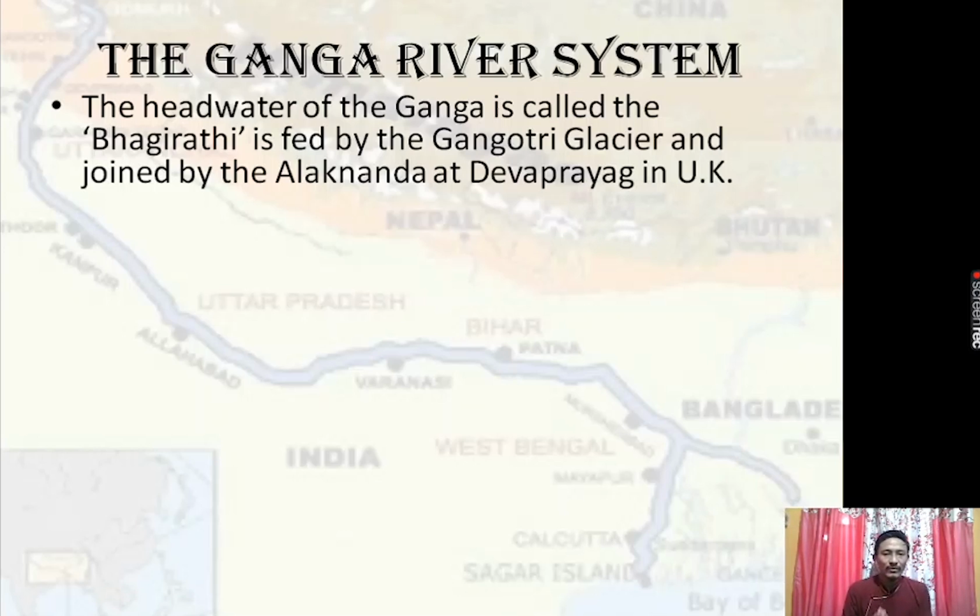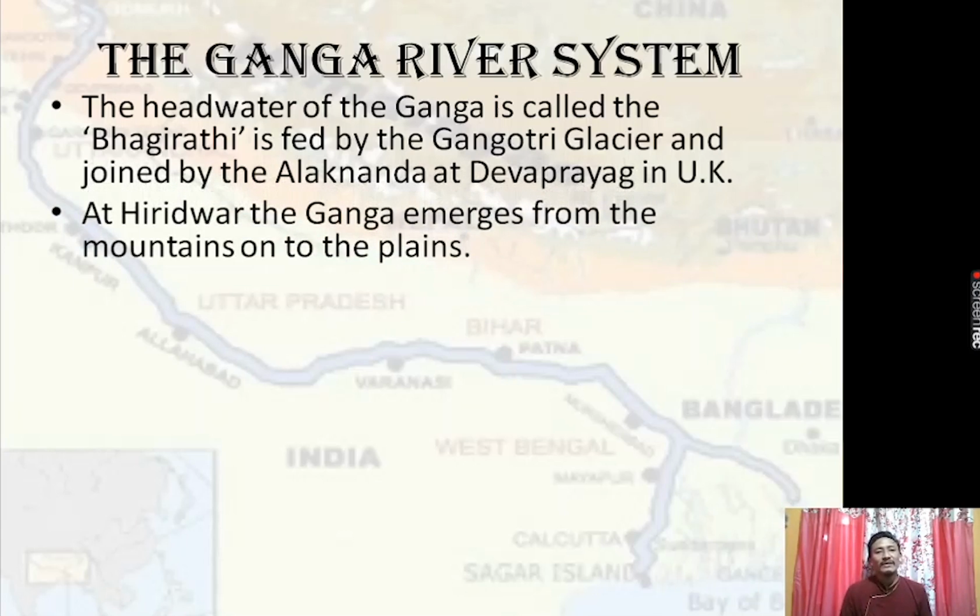Near the origin it is known as Bhagirathi, and it's fed by the Gangotri glaciers, right? That means the origination of the river, and it is joined by the Alaknanda at Devprayag in Uttarakhand. Then at Haridwar, the Ganga emerges from the mountains onto the plains. So that means at Haridwar, we properly call it Ganga.